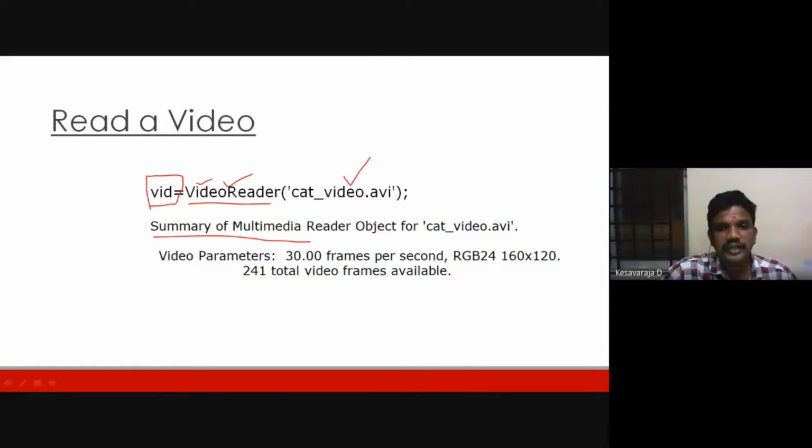It gives the entire information about the video: 30 frames per second, RGB images of 160 by 120 pixels, and a total of 241 video frames. So with just a single constructor, VideoReader of the video name, you extract the entire summary of the video.